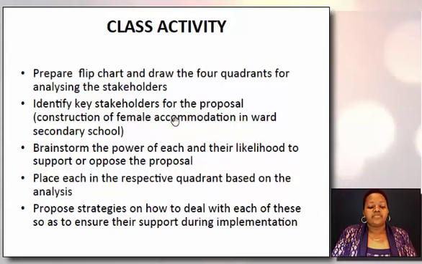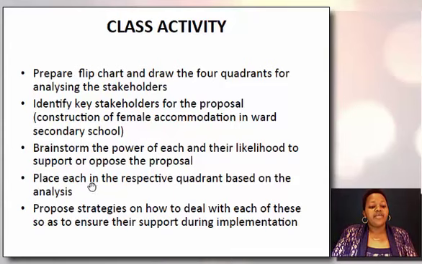Then we will place each stakeholder in the respective quadrant based on the analysis. Let's say some stakeholders appear to be weak supporters. We'll place them in the quadrant for weak supporters. And this will be done for all four quadrants.